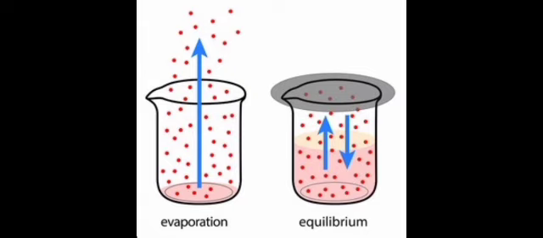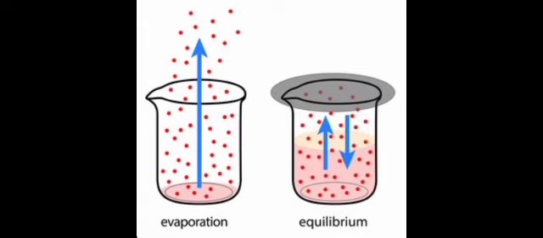Okay. Now let's see how pressure affects equilibrium. Effects of a change in pressure. For a change in pressure to affect a system in equilibrium, number one, one of the reactants or one of the products in the reversible reaction must be a gas.